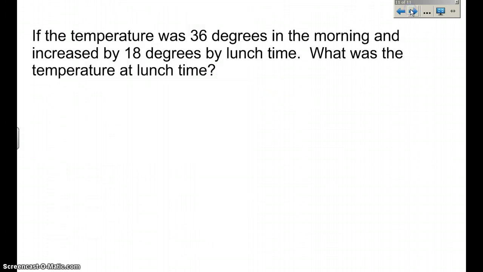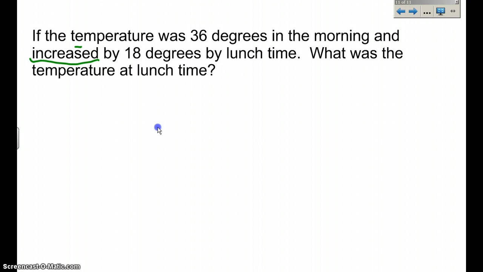Okay, now we have a problem with temperature, and this problem says if the temperature was 36 degrees in the morning and increased by 18 degrees by lunchtime, what was the temperature at lunchtime? Well, I know that the word increased means that I need to add.